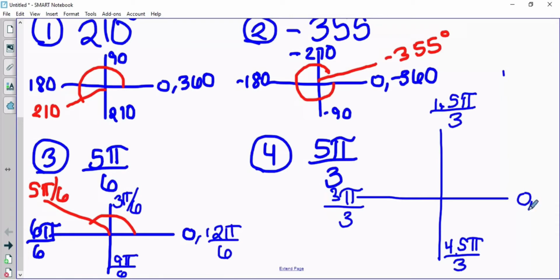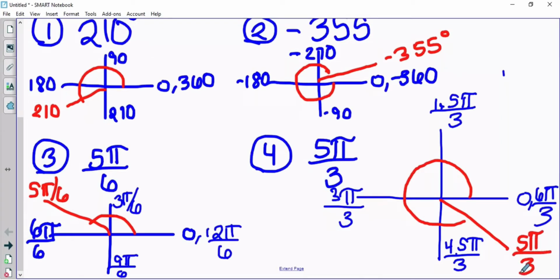And if I add 1.5 more, I get 6 pi over 3. So our goal is to find 5 pi over 3. Start at the positive x-axis, rotate around, pass 3 pi over 3, pass 4.5 pi over 3, and it's going to land us down here in the fourth quadrant, 5 pi over 3.